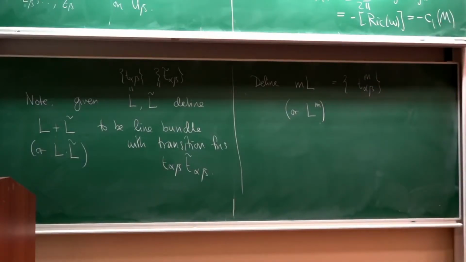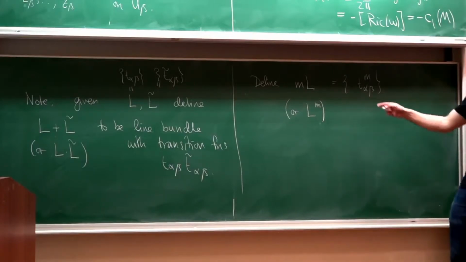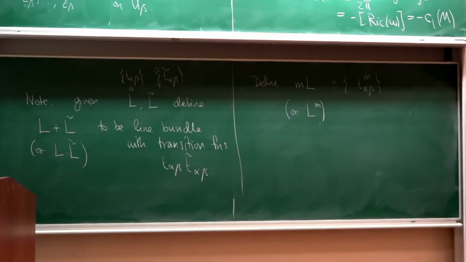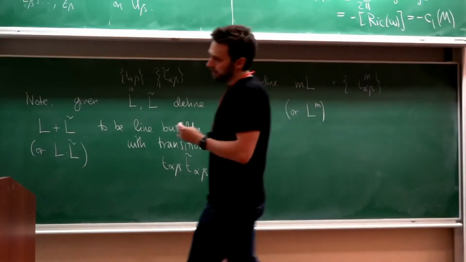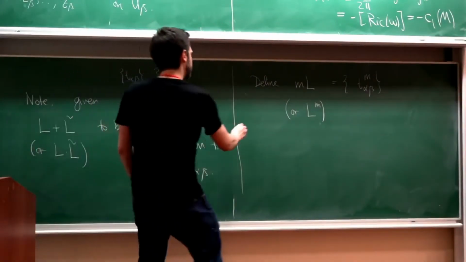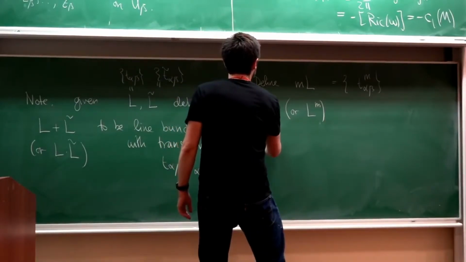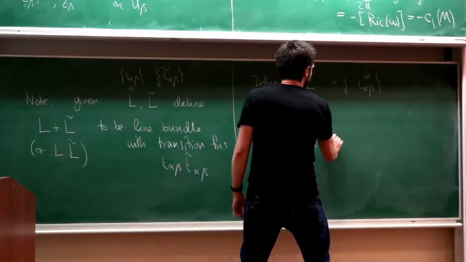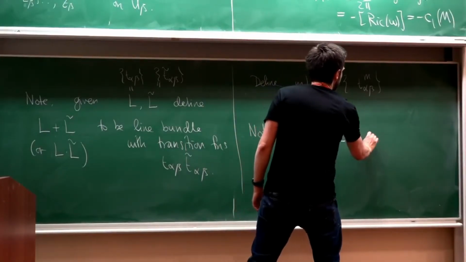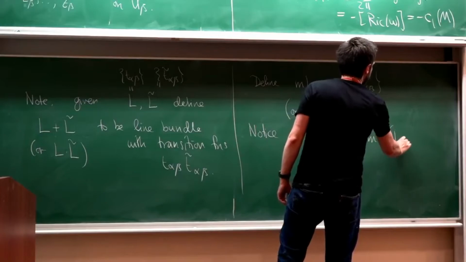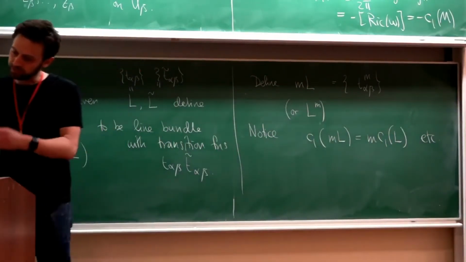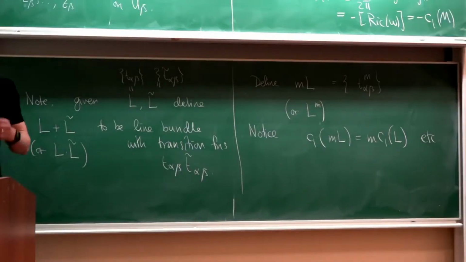So in particular, you can talk about L inverse or minus L, where you just take 1 over the transition function. And then notice that if you take the first Chern class of m times L, that's the same as m times the first Chern class, etc. Okay, so let me not go into any more detail.